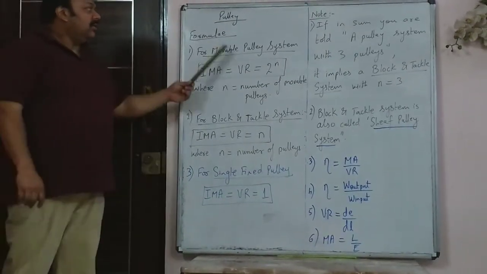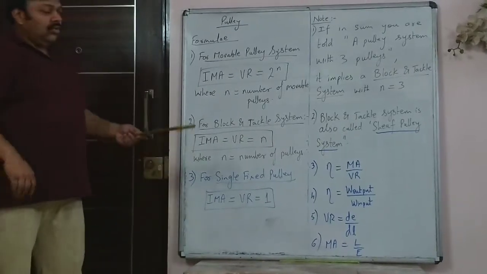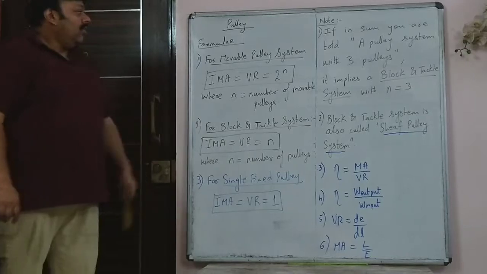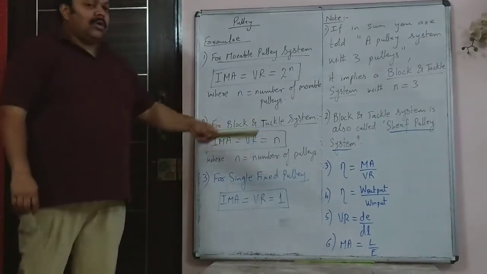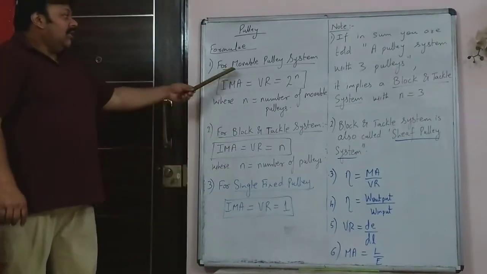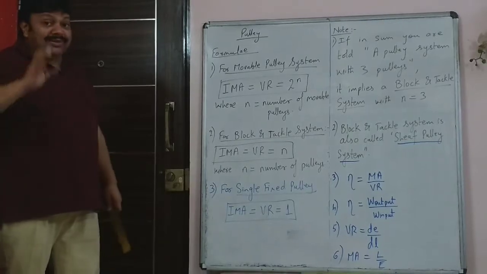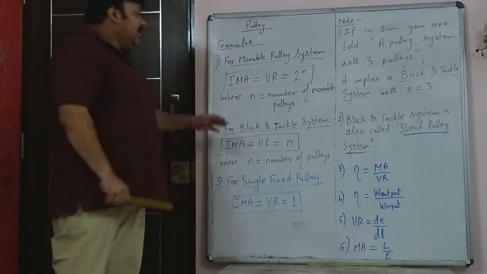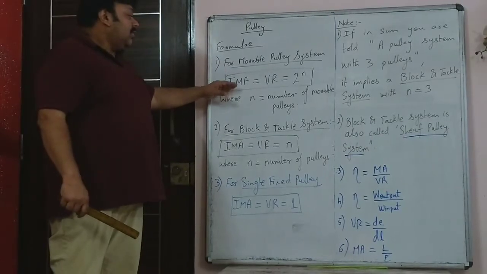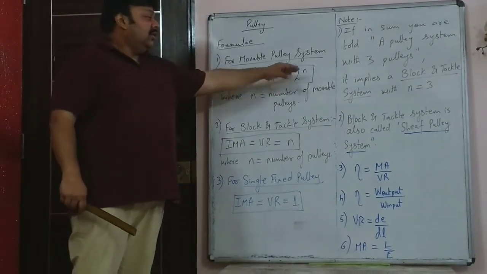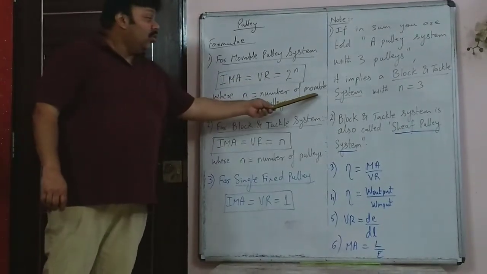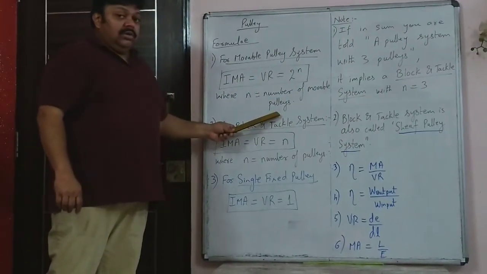Now simply the pulley system, you know that there are two types of pulley system. One is movable pulley system and the other is the block and tackle system. Now in a movable pulley system, if you have mentioned in the question that it's a two pulley movable system, so in that case the formula that you will use is IMA is VR is 2 raised to n, where n is number of movable pulleys.